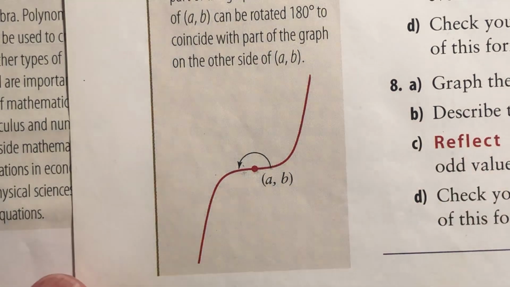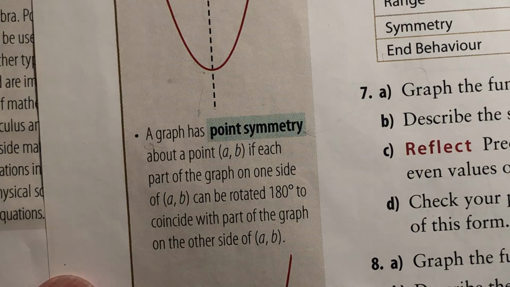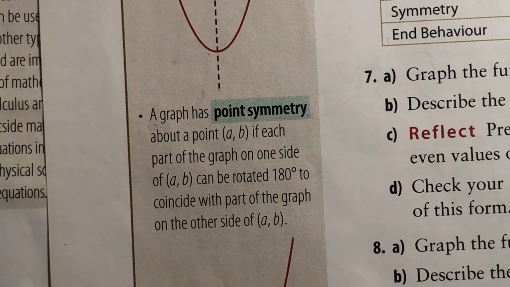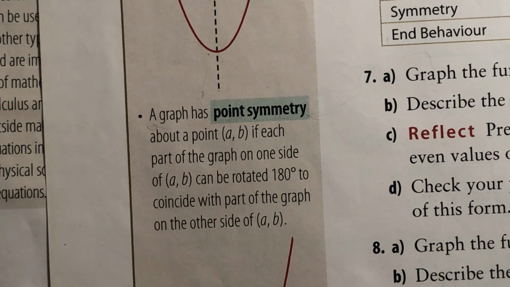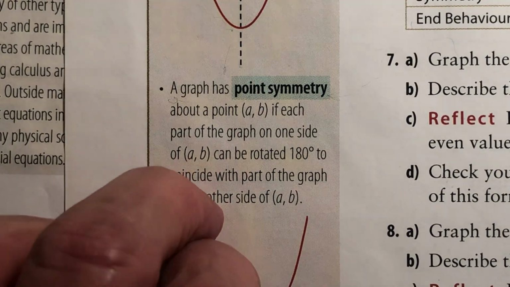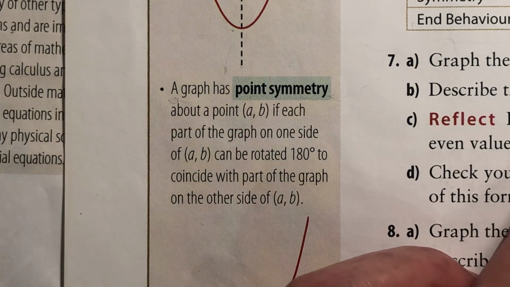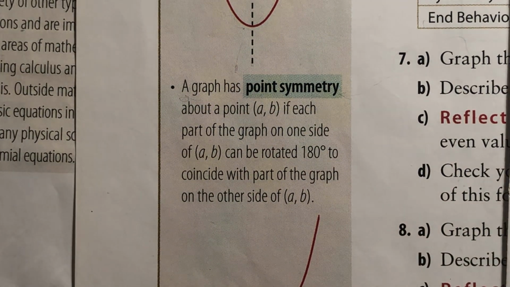So the graph has point symmetry. So remember, point symmetry, you need a point, and if you turn any point on the graph 180 degrees, you get to another point on the graph. Then it is called point symmetry. All right? Okay. So next we talk about an example.